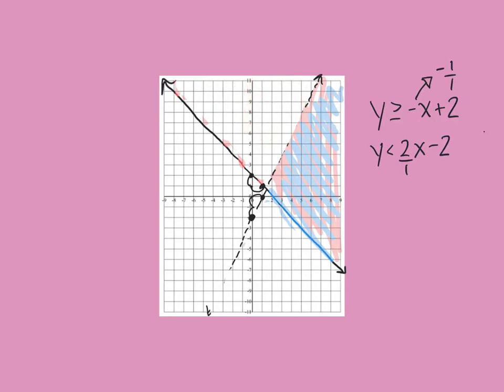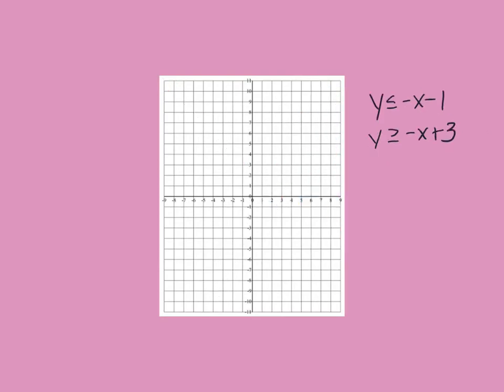And my solution is going to be this section right here where both areas, the shading overlaps. Okay, so that's pretty much the main idea of how we solve a system of inequalities. We're looking for the place where the shading overlaps.